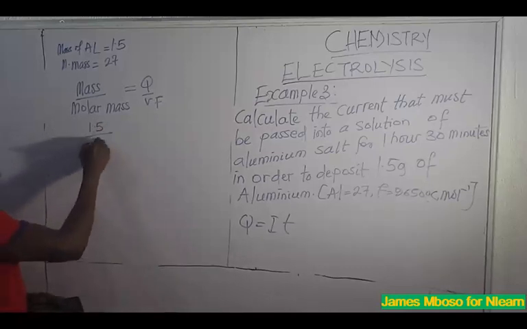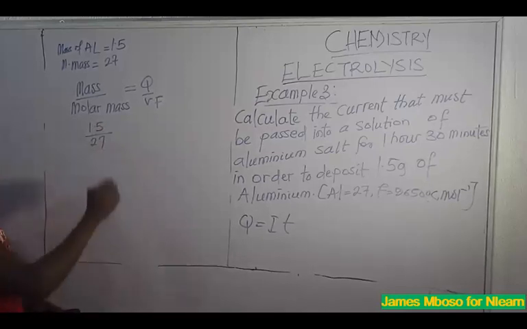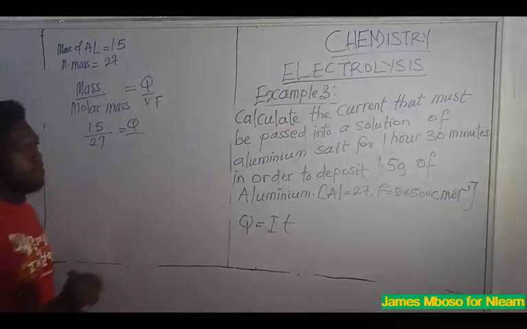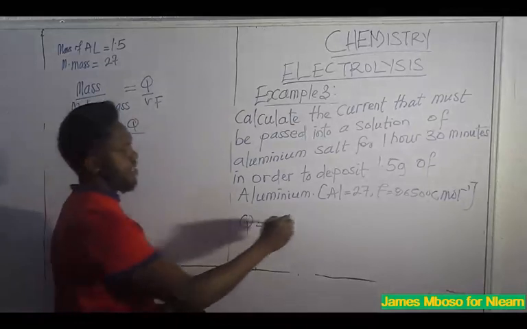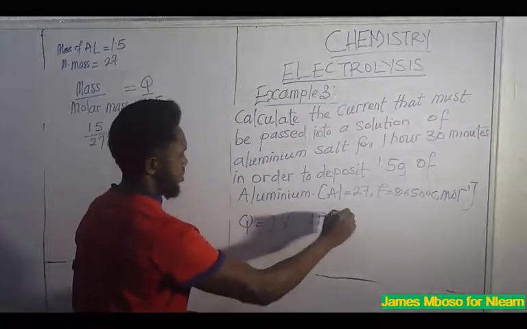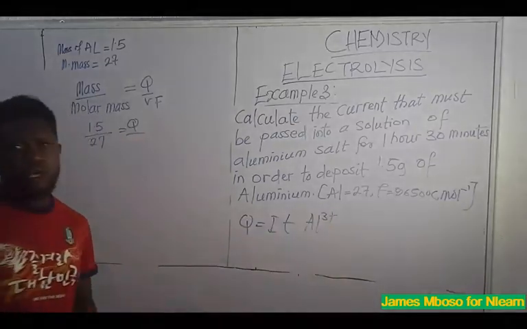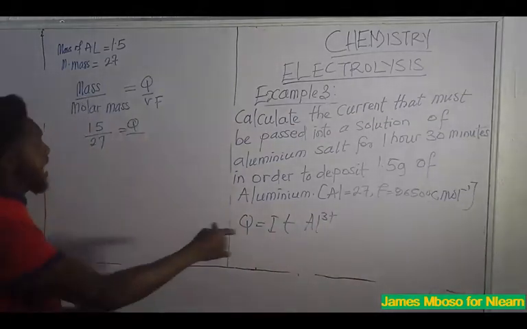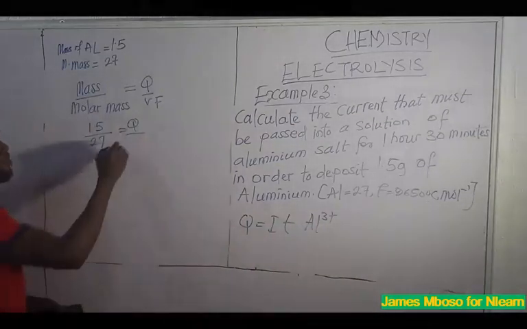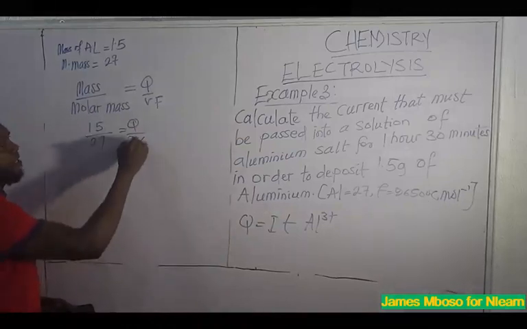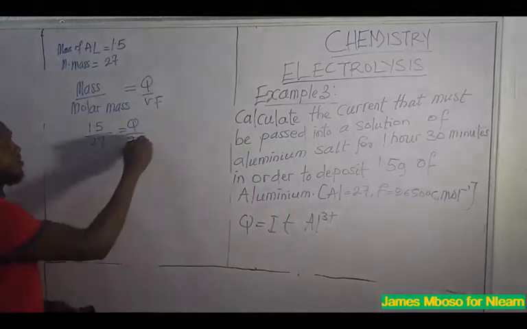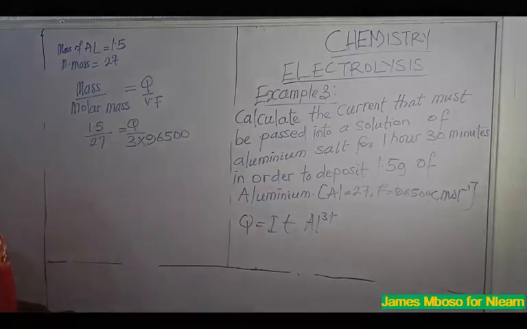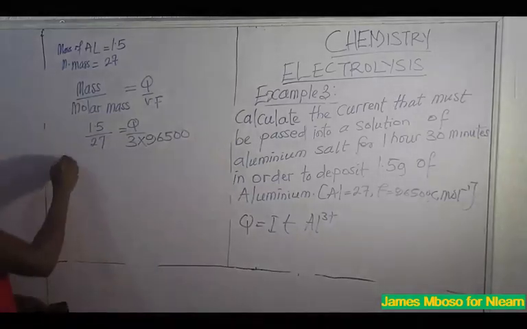The molar mass is 27. Our Q is unknown. The valency of aluminium: aluminium is always Al3+. Don't forget, you are supposed to know some valencies. One of them is aluminium. So the V becomes 3 times our Faraday constant 96500.